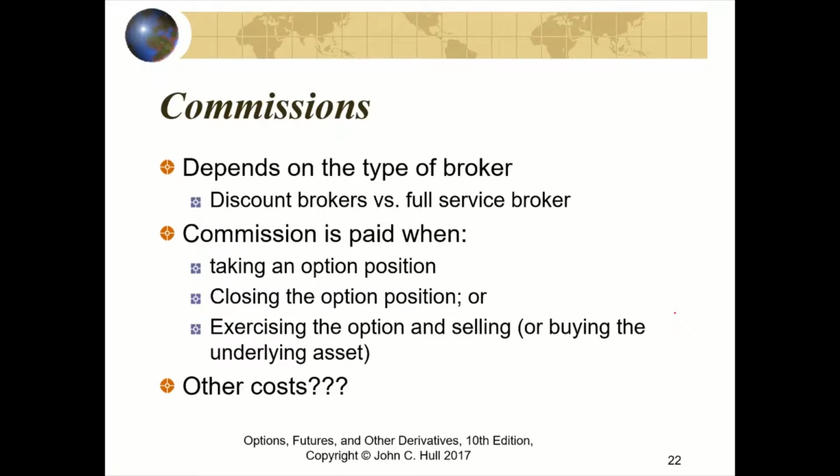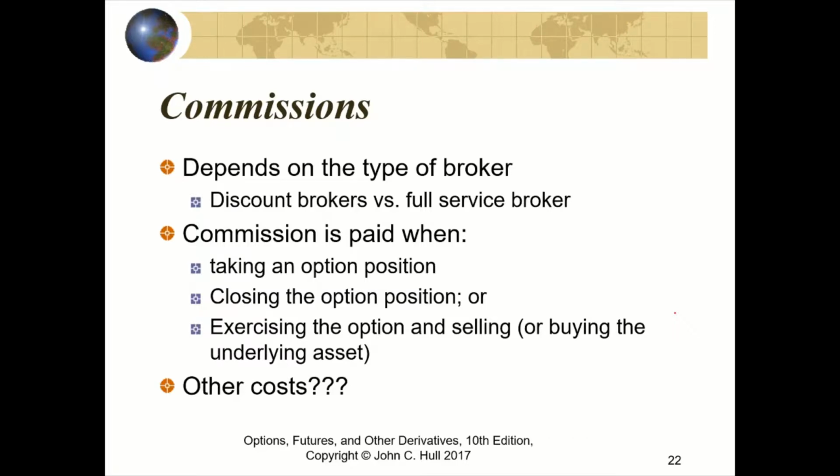If you're dealing with a discount broker, you will be charged only a commission for executing orders. If you are dealing with a full service broker, you will pay a higher commission, but you will get additional services like access to their research reports. You might be able to get some advice and so on.